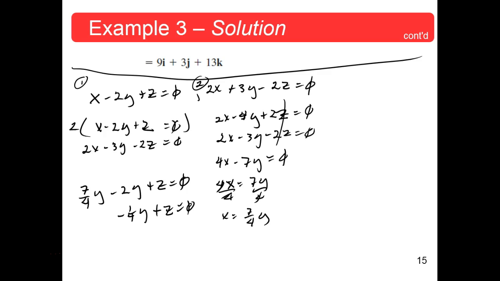So z is equal to minus 1/4 y. Okay? So it looks like an easy thing to do was let y equal your t, your parameter. So you have x equals 7/4 t, y is equal to t, and z is equal to minus 1/4 t. Okay?